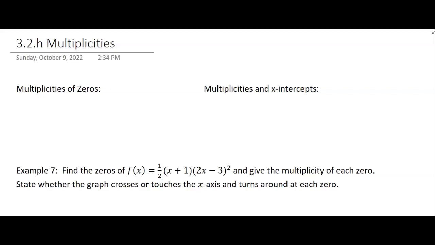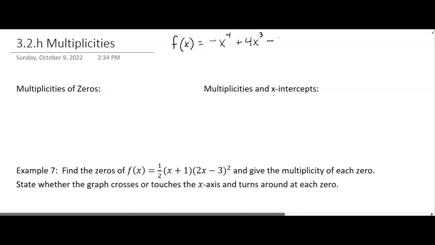Okay, so remember in the last video, we had a function f of x equals... I'm sorry, that is not what it was. It was negative x to the fourth plus 4x cubed minus 4x squared. And then we factored it.